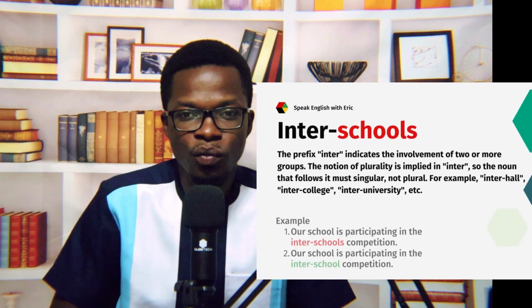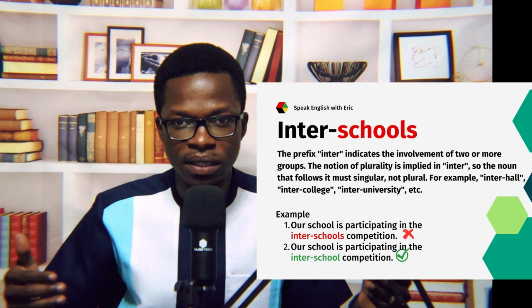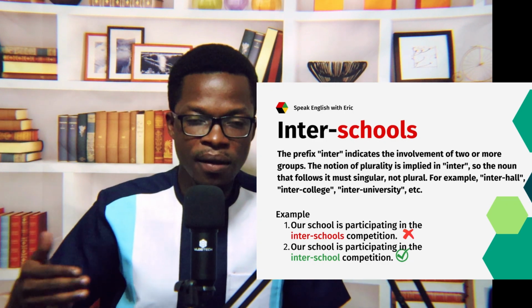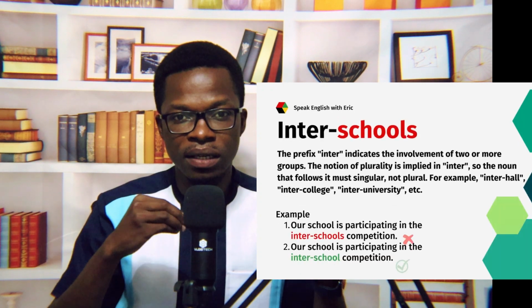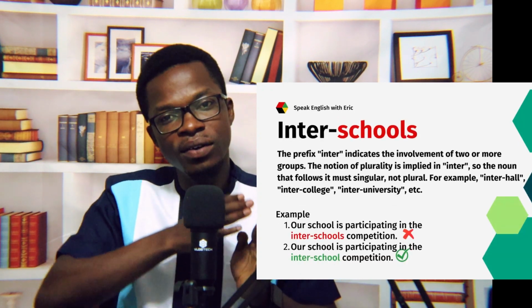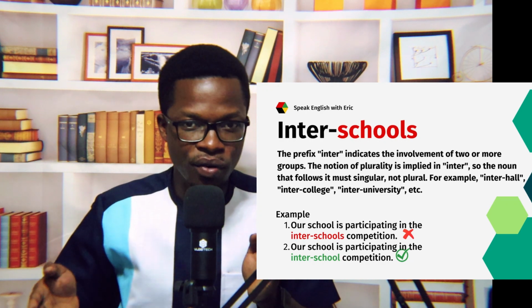And so if we are having a competition among several schools, it is inter-school. Because the notion of plurality is already embedded in the prefix inter, the noun that follows should be in the singular form, not the plural form.